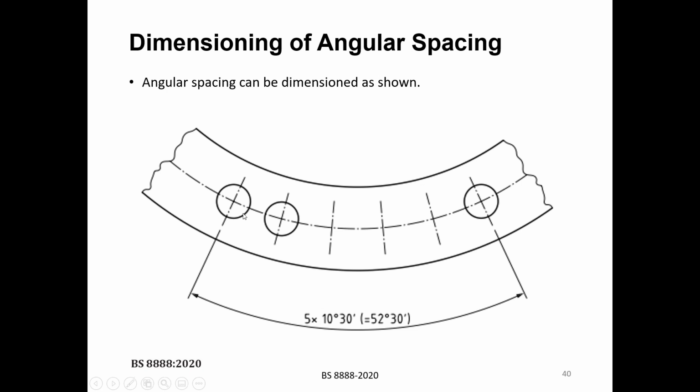And the angle between this center line and this center line is 10 degrees and 30 minutes, which gives you in total 52 degrees and 30 minutes. So this is how you dimension angular equal spacing.